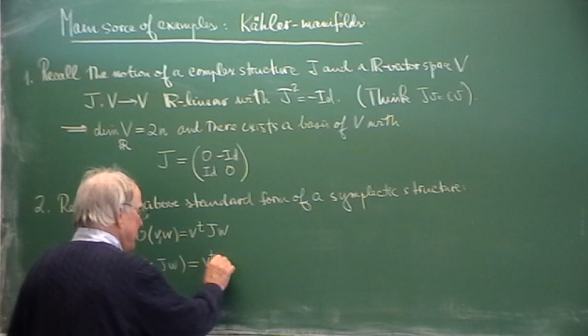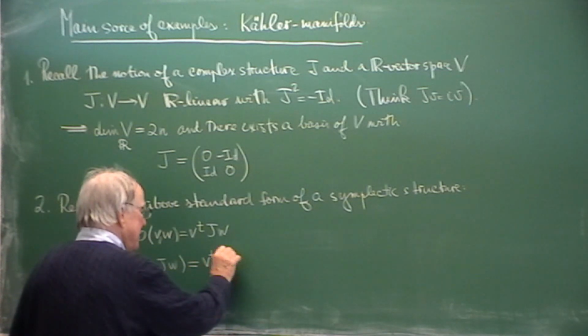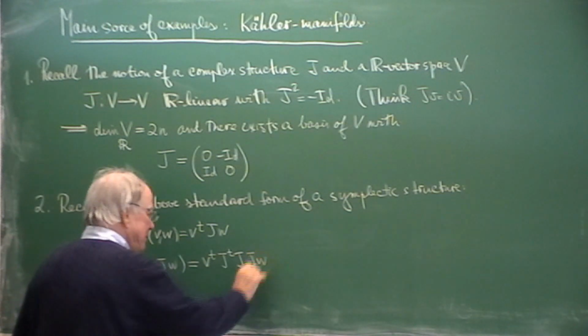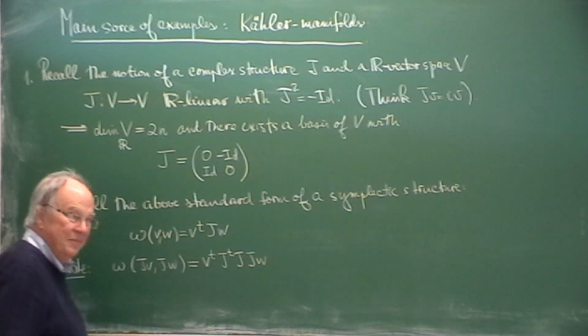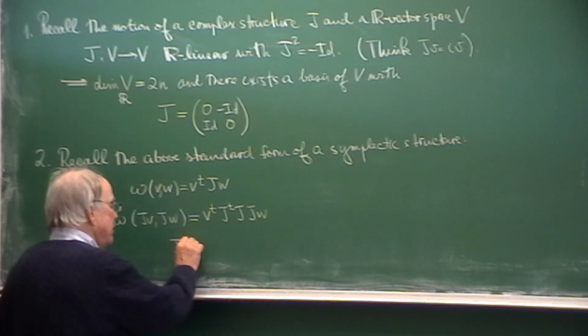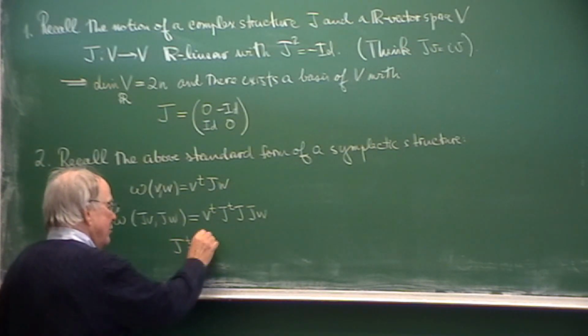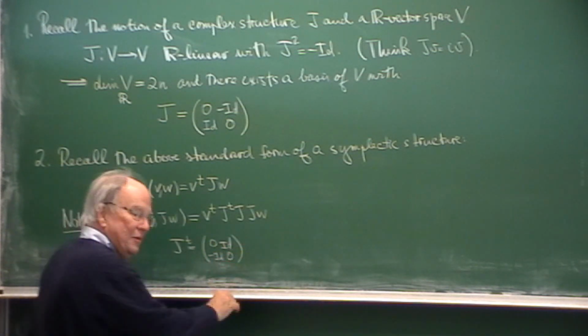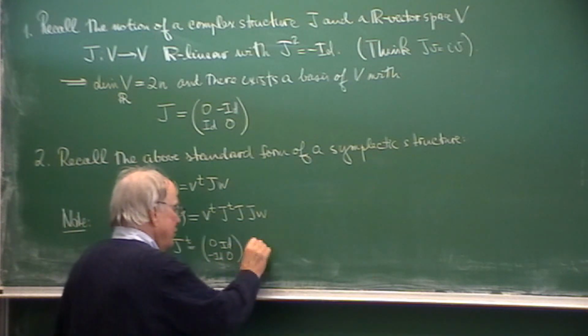It equals V transpose J transpose J J W. But as you know, J transpose is equal to minus J, and this is J inverse.